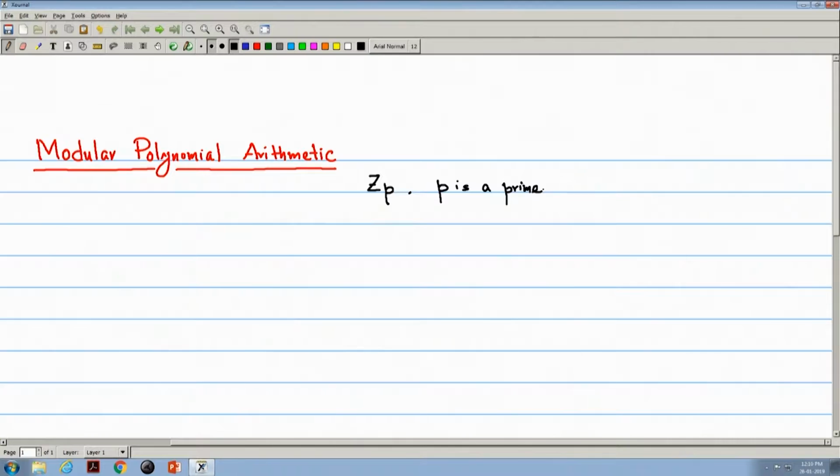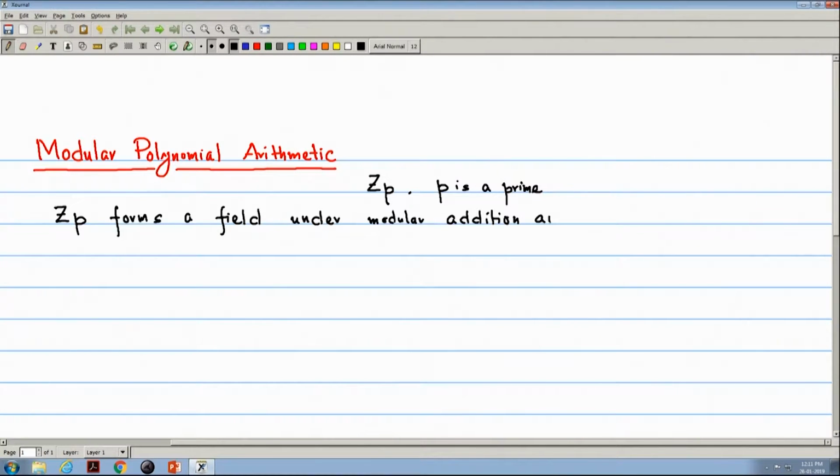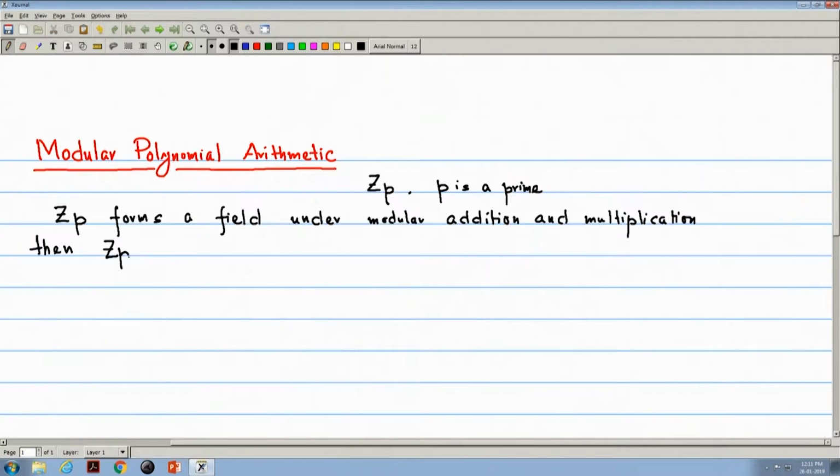now, if Z_p forms a field under modular addition and multiplication, then Z_p to the power n also forms a field.